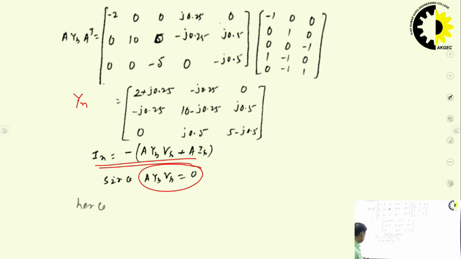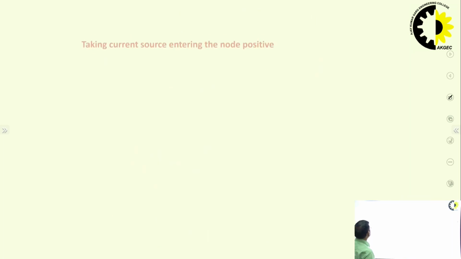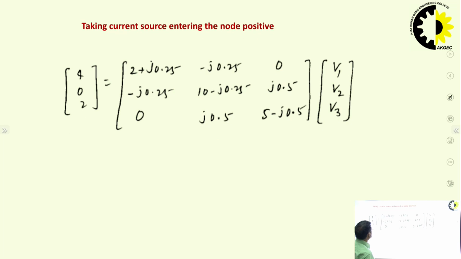Hence IN is minus A matrix into Is. Is is the column vector of the sources. There are two sources present, so 4, 0, 2. Multiply this, we get this. So this is your IN, this is your YN, and this is your VN.